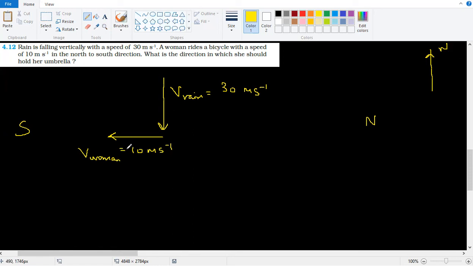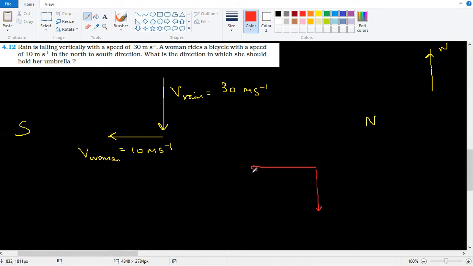What is the direction in which she should hold her umbrella? That means, I told you, the very first thing is you have to understand whether this is type 1 or type 2. Type 2, sir. Why? Because forces are acting on two different things, right? So it should be type 2. So the velocity of the woman is like this, the velocity of the rain is like this. So what this means is the velocity of rain with respect to the woman.